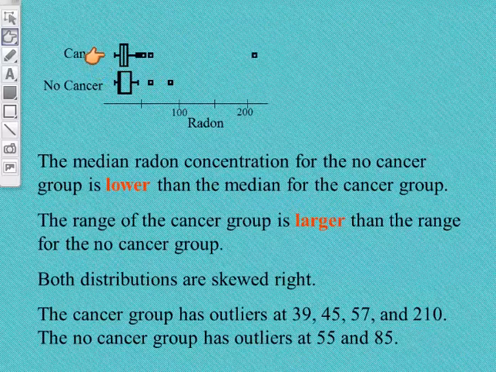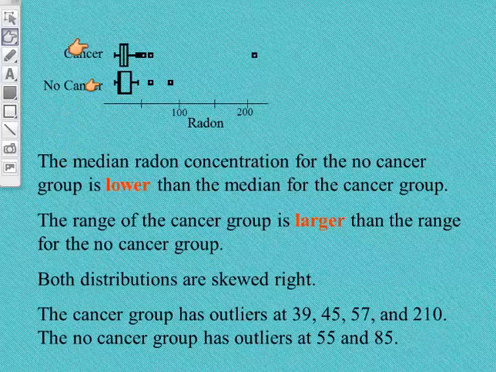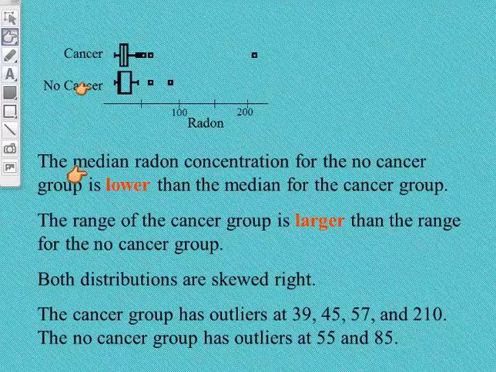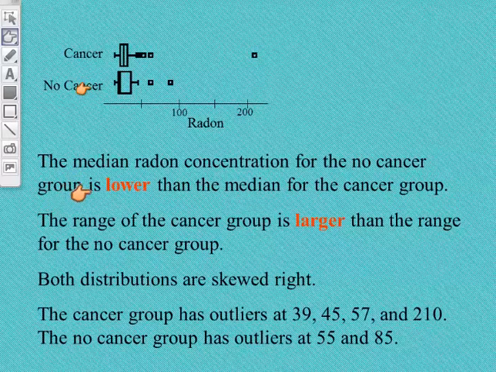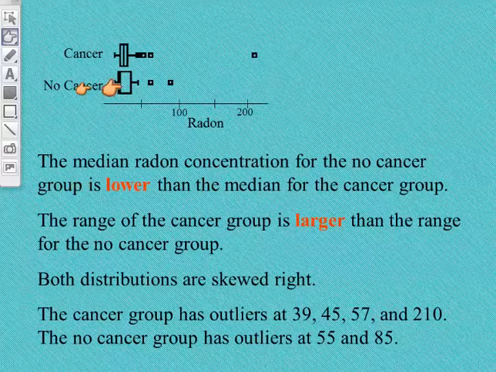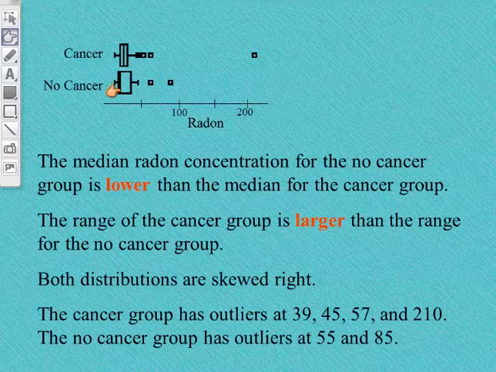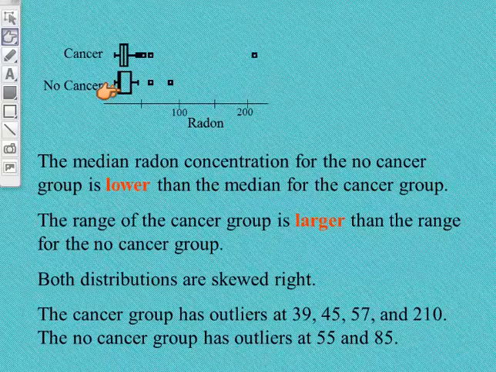So looking at this information right here, we've got cancer and no cancer. I'm looking at two different box plots, aren't I? Right? And it says the median radon concentration for no cancer group is lower than the median for the cancer group. Well, you see this line that's in here? It's almost non-existent as far as the area between it and the Q2 and the Q1 are there.